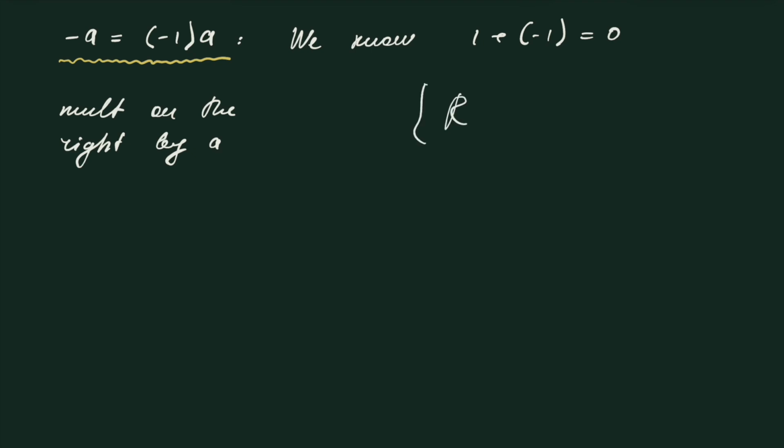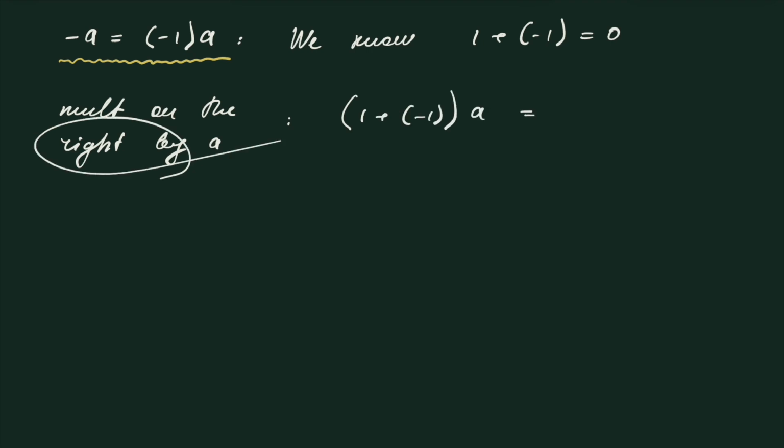In a ring R with plus and cross, R with plus is an abelian group, but we don't know anything about the multiplication, so we cannot assume that multiplication is commutative, so we cannot write AB is equal to BA all the time. That's why we multiply on the right, or on the left, by the way, it doesn't matter.